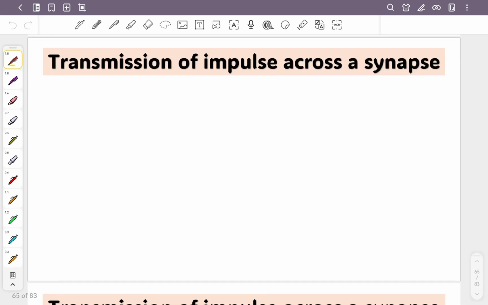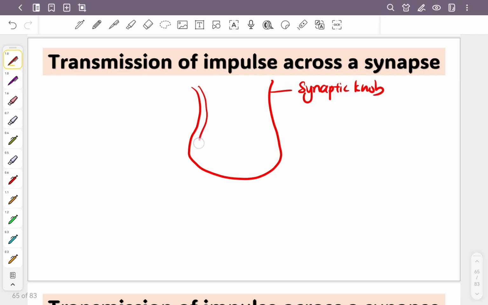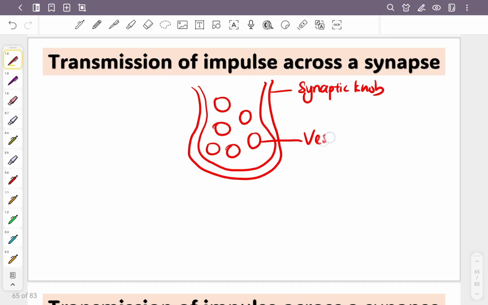Okay, so here once again, although I have drawn it, let us draw together. You can pause for one minute at the diagram, then let us draw together. So first, you have the synaptic node, correct? At this synaptic node, there are a lot of vesicles. So this is the vesicle. You know that the vesicle contains a lot of neurotransmitter.